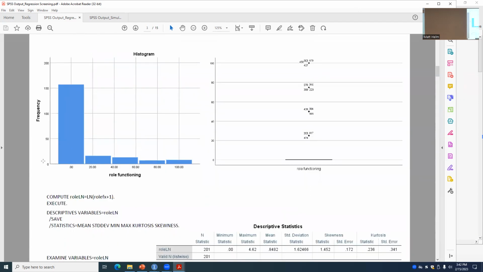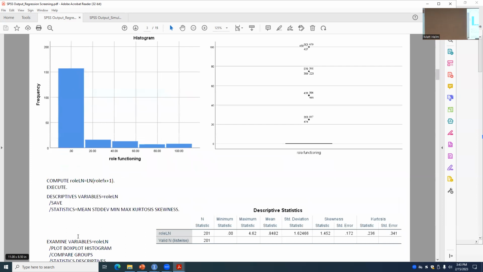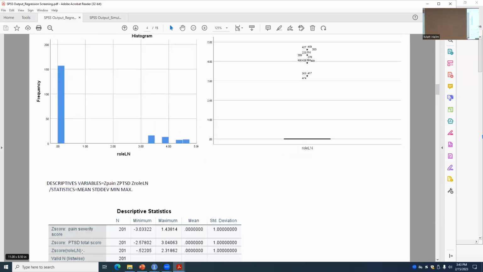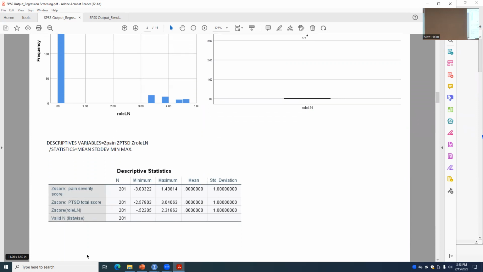Some negative skew with my pain severity scale, with a cluster of values sitting 1.5 times the interquartile range below on my box plot, but nothing really noteworthy there. It's really just that role functioning variable that we have to figure out what to do with. But once we execute the transform and take a look at our z-scores, there's really nothing much going on in there, so we're pretty good on that front.